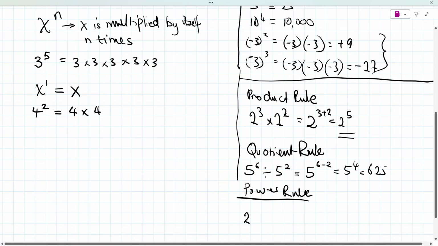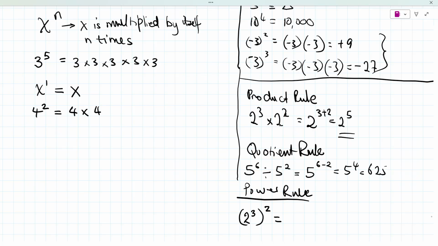If we had 2 cubed and this is all squared, this would become 2 to the power 3 multiplied by 2, which will be 2 to the power 6, which would be 64.